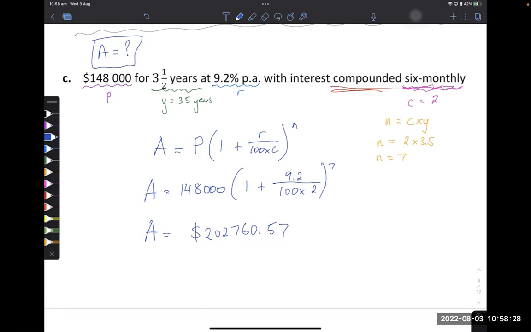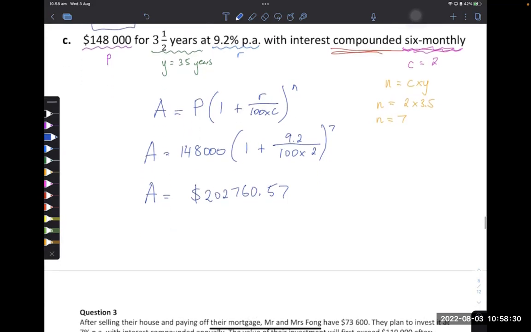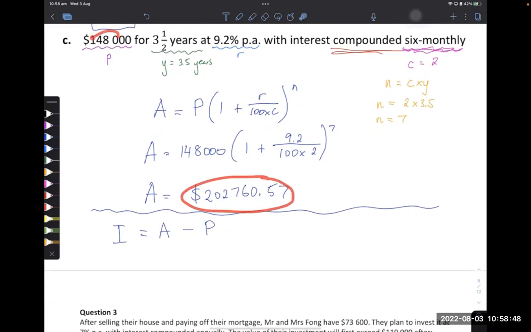You take away the numbers. If you want to find out your interest, you take away your amount and your principal. You subtract the two numbers.